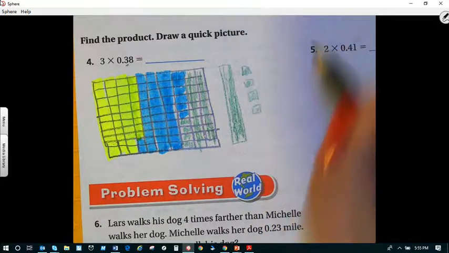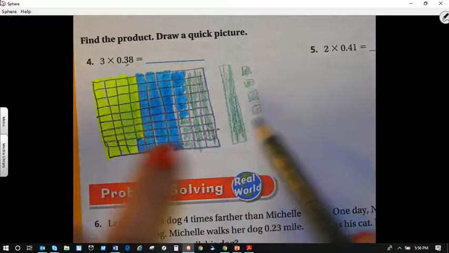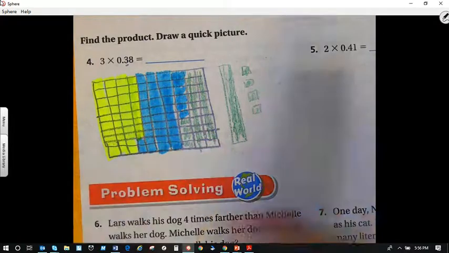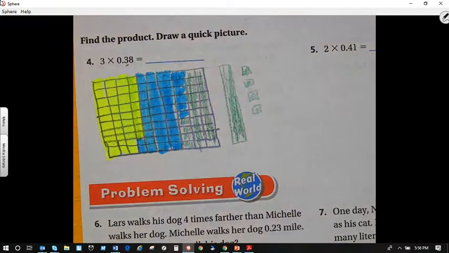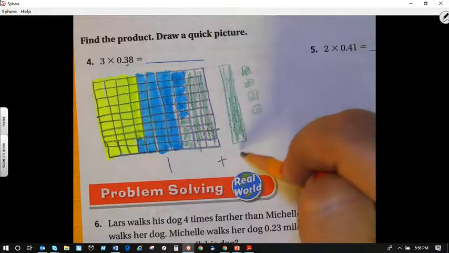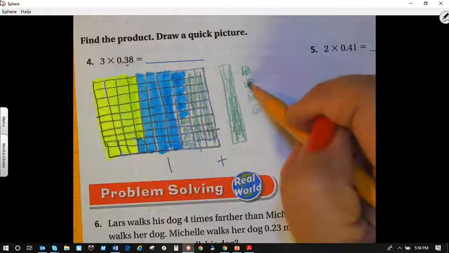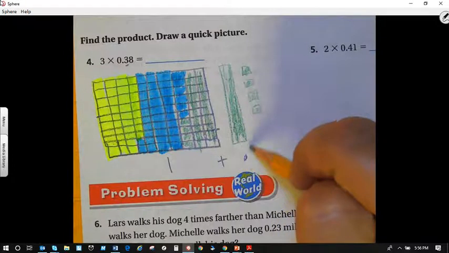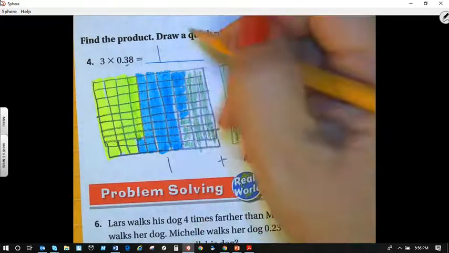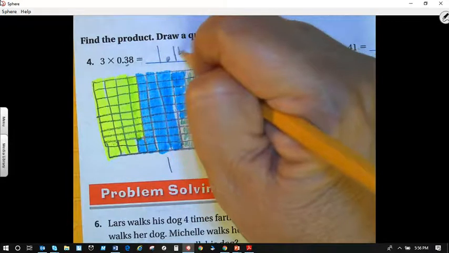Okay, so now I have 1 whole plus 10, 11, 12, 13, 14. So my answer then is, this represents my 1 plus this is 10, 11, 12, 13, 14. So this is 14 hundredths. So my answer is 1 whole and 14 hundredths.